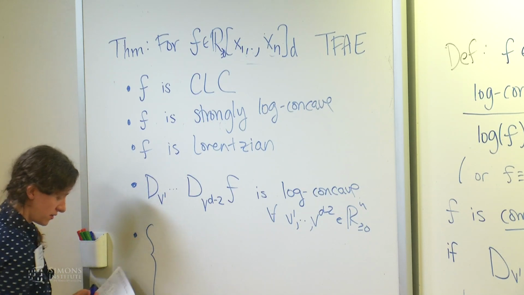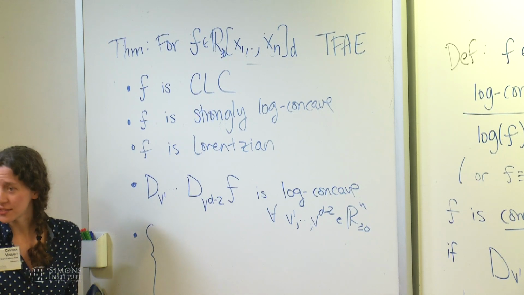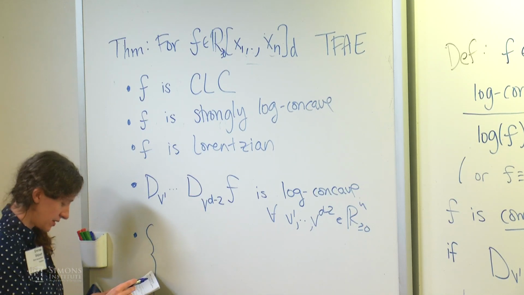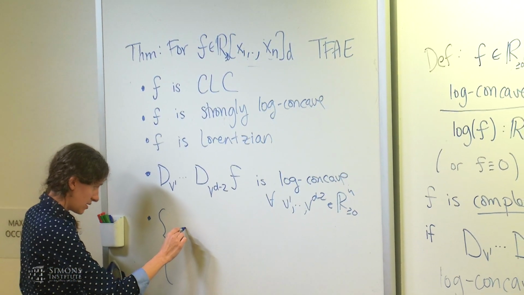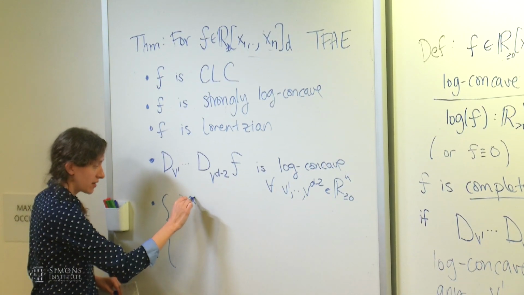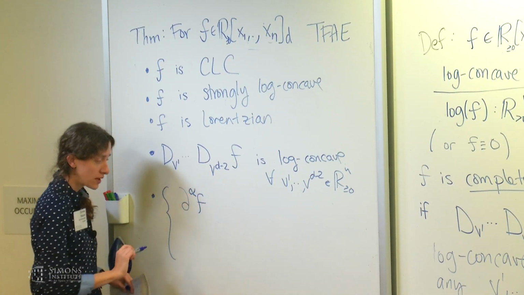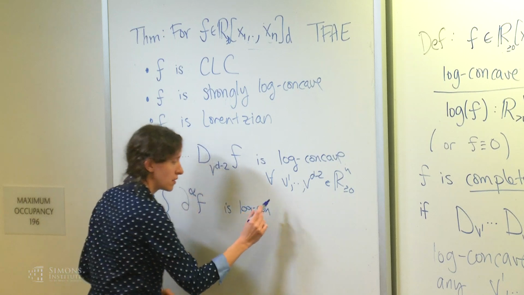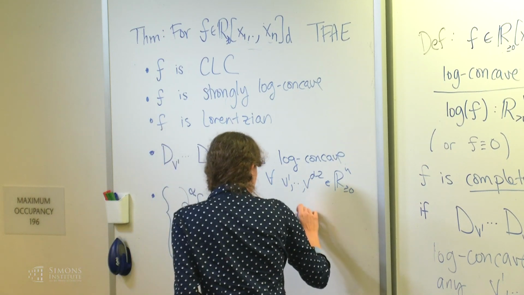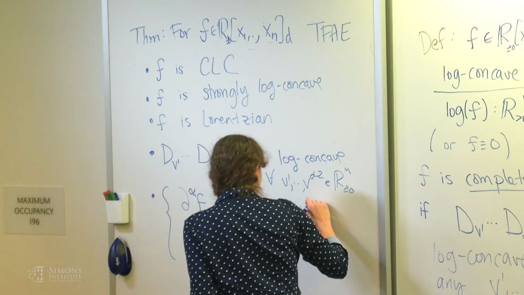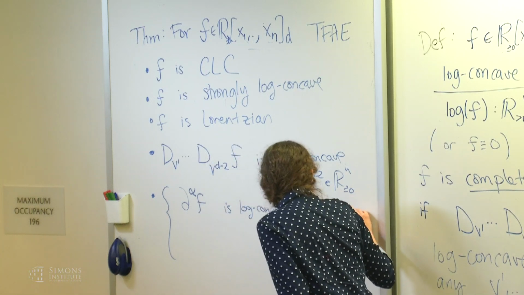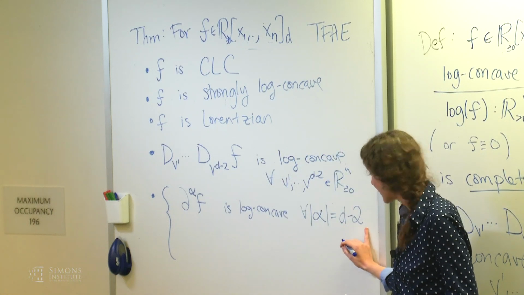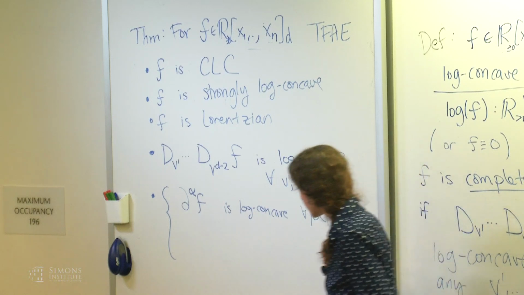And then the last one is a two-part condition, which is analogous to the two-part condition we saw before, but I'm going to write it down slightly differently. One, whenever you take derivatives in the coordinate directions, so it is log concave, whenever you take exactly d minus 2 derivatives, this is exactly the same condition we saw before.